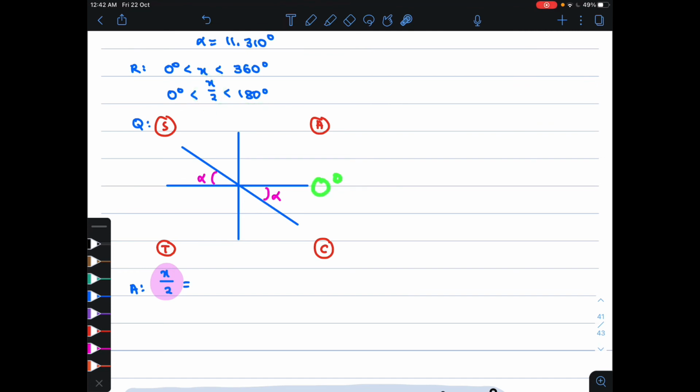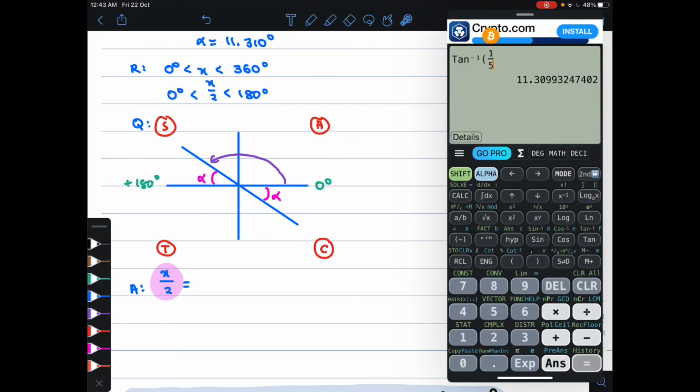So this is 0 degree. It goes up until positive 180 degree. So starting from 0, you go up until you reach the first one, which is this one. And this is 180 minus alpha. And the answer is 168.690.